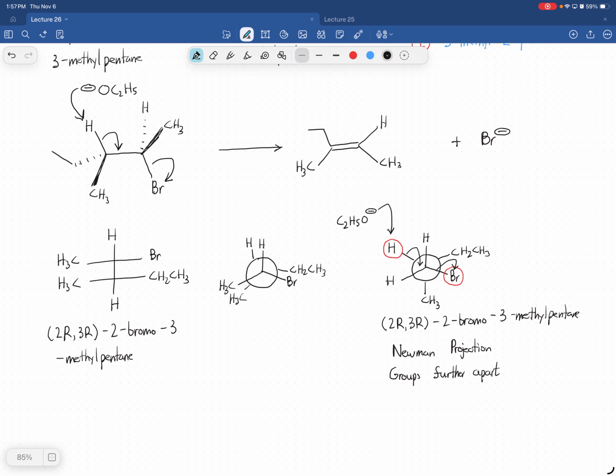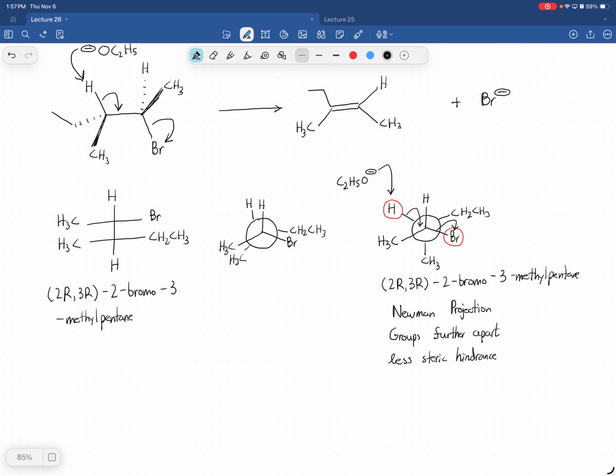Methyl groups can't just disappear. All right, so if they're further apart, what kind of interactions are less present? Less steric hindrance. And what's the other kind of interaction when bonds try to rotate past one another? Some kind of strain. Yeah, you got it. Torsional strain. Good.